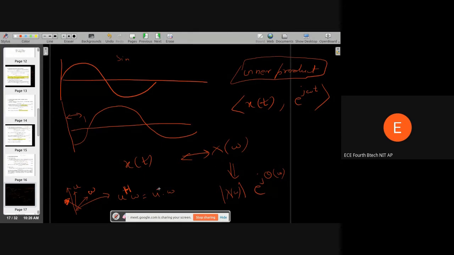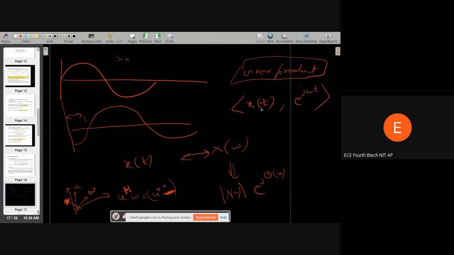Hermitian is transpose and conjugate. So for one of the vectors you will have to take both the transpose and the complex conjugate. What you are seeing in the Fourier transform is also the same thing, but in signal form.